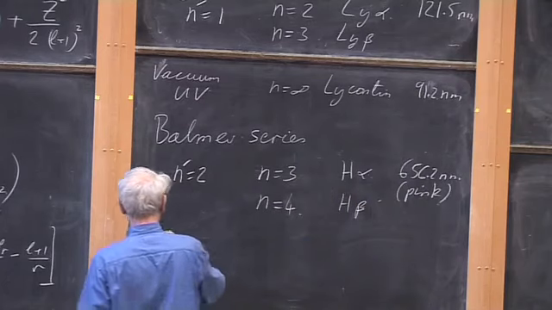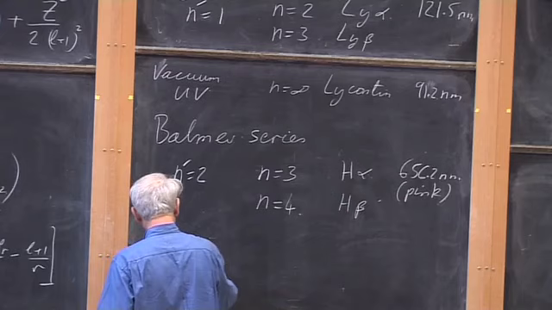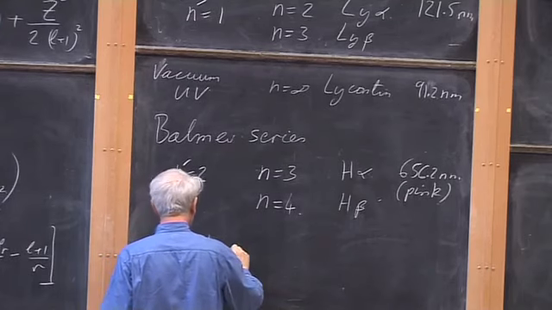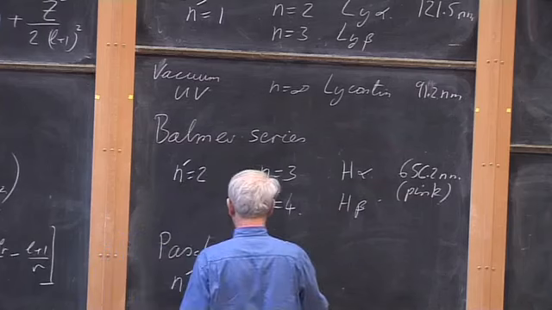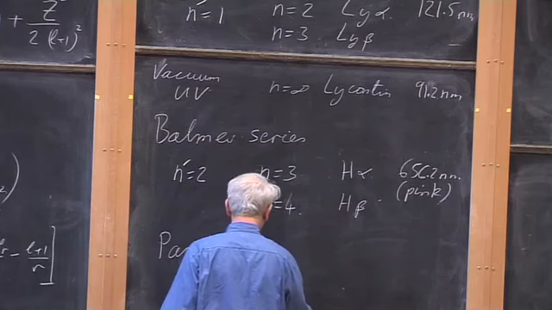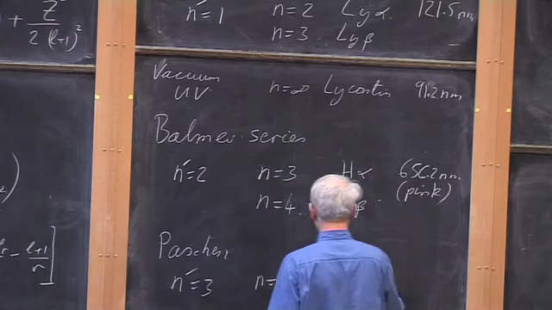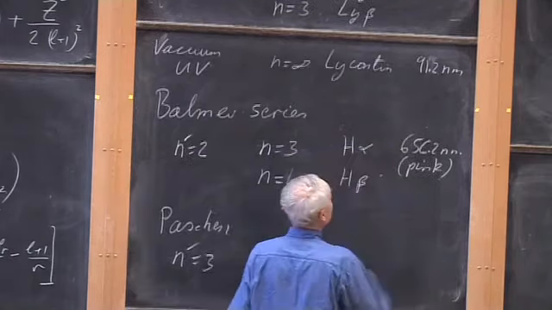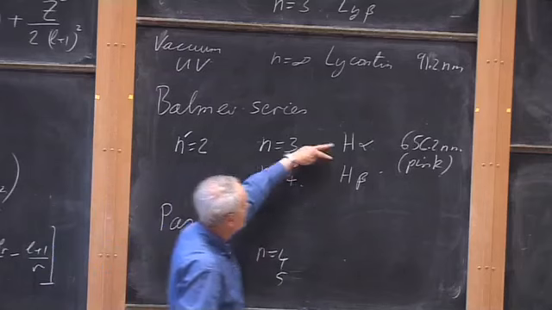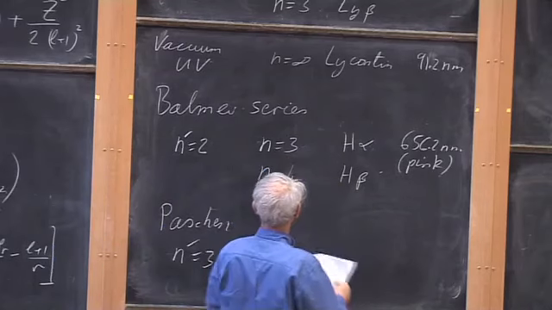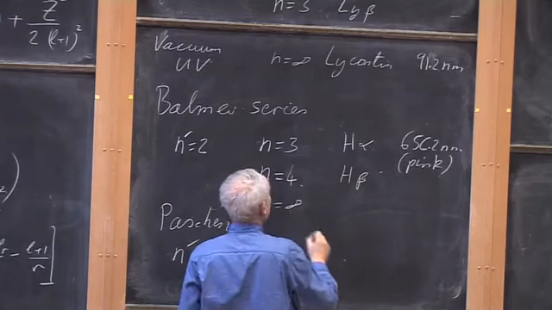If you then go to Paschen, that's for n primed is 3, and obviously n can be 4 or 5, etc. So these start off as pink, and they get bluer. So as you go down this list, the wavelengths get shorter as you go to infinity. Where's the series limit?